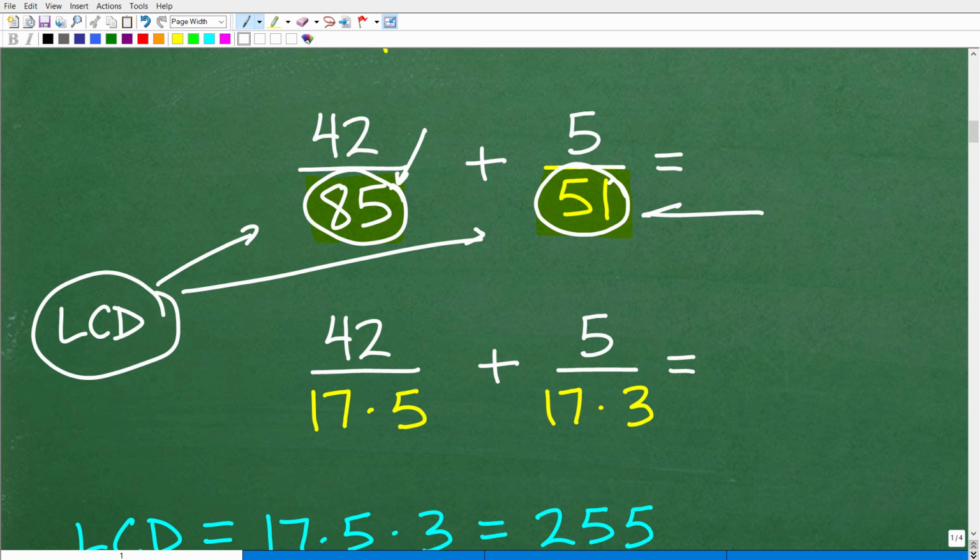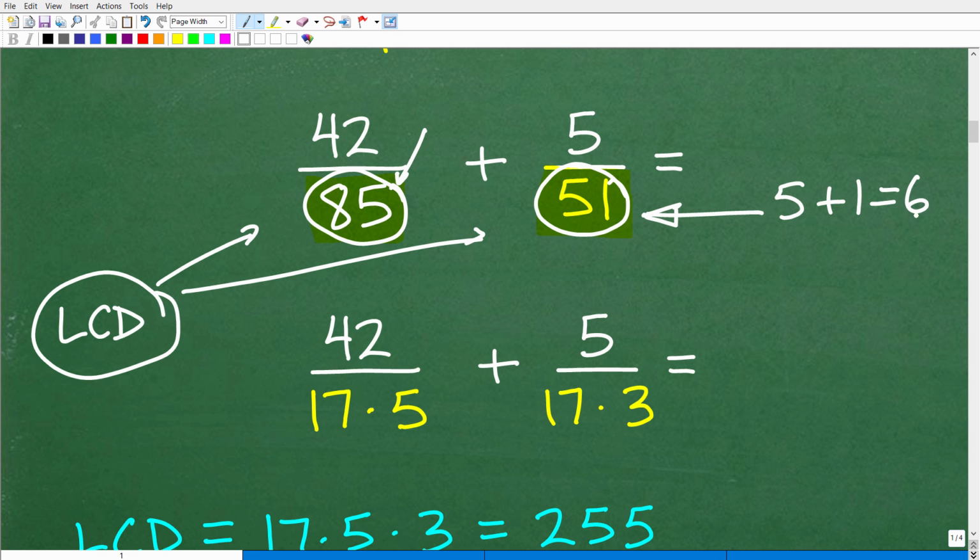So when you're looking at 51, you might want to say, well, okay, let's see if 51 is divisible by any number. Now, one great rule, just as I stated right here, I knew that 85 was divisible by 5 because it ended in 5. Now, 51, if you add these digits, 5 and 1, you get 6.